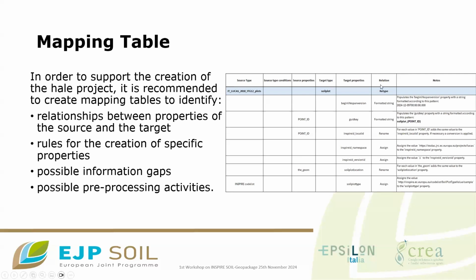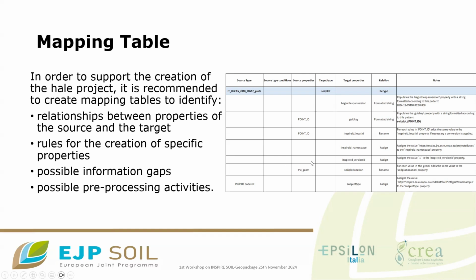And the relation between the source properties and the target property. If you have to just rename and use as is the property in the source, or maybe if you have to do any type of conversion through a formatted string, or you have to transform a character string to integer or something similar.